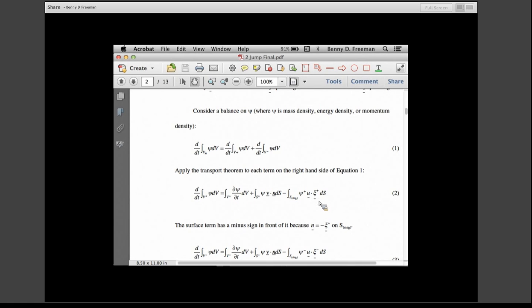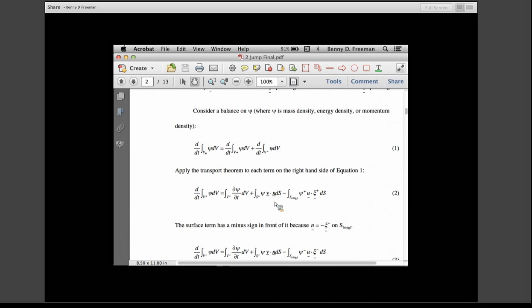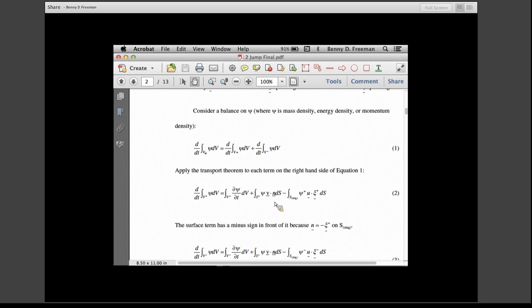And there's a negative sign here because whereas the unit normal n is outward pointing on the outward surface of that volume V plus, we've defined xi to point into the material volume. And what I want to make clear is this term psi plus.